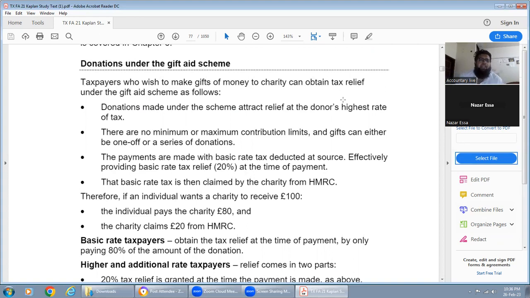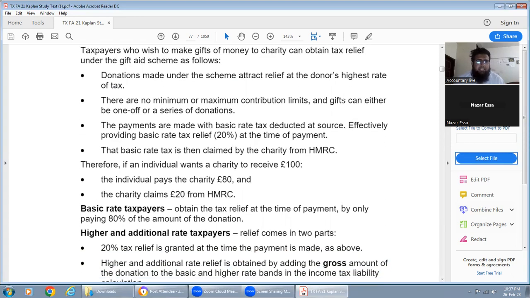The payments are made with basic rate tax deducted at source, effectively providing basic rate tax relief of 20% at the time of payment.